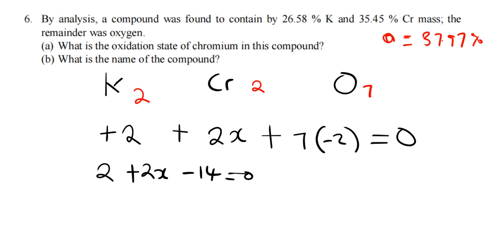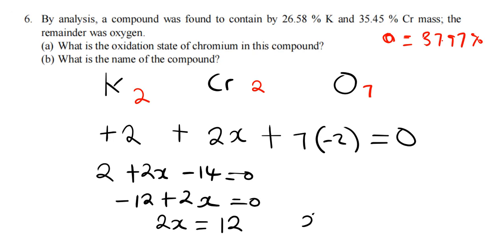Now 2 minus 14 will give me -12, plus 2x equals 0. I'm just going to take the 12 to the other side, so 2x equals 12. Therefore x equals 12 divided by 2, that is going to give me 6, positive 6. So the oxidation state of chromium is going to be positive 6.